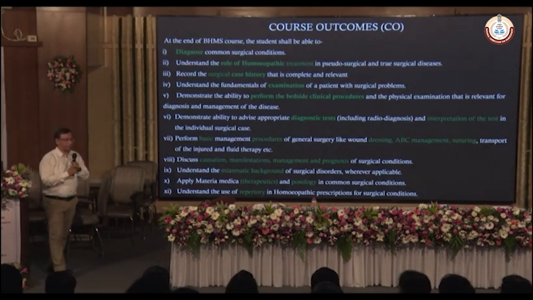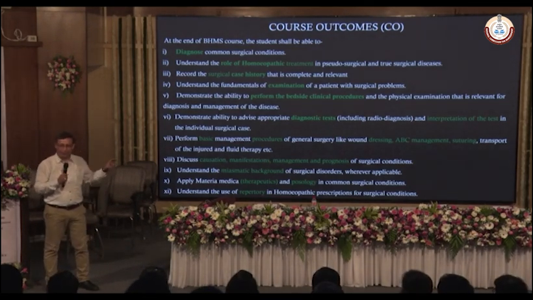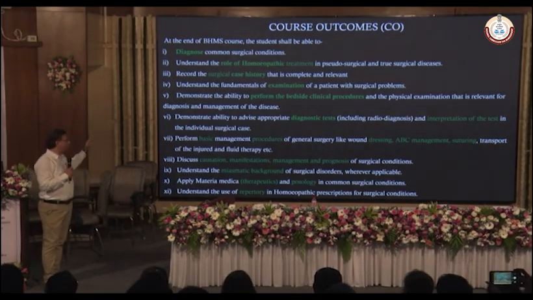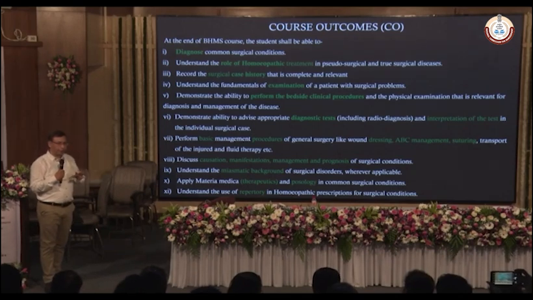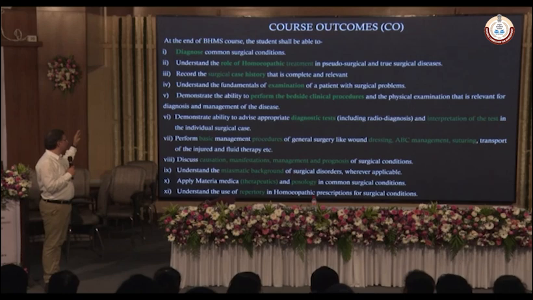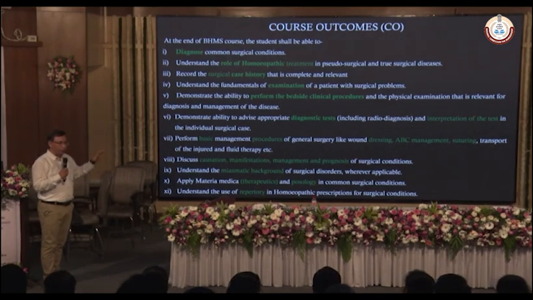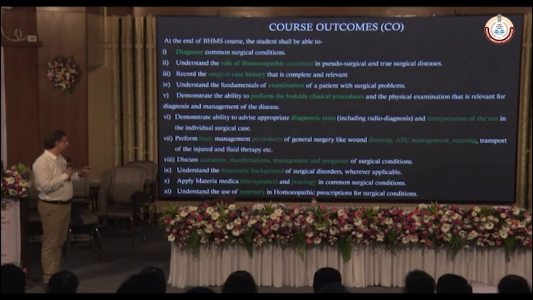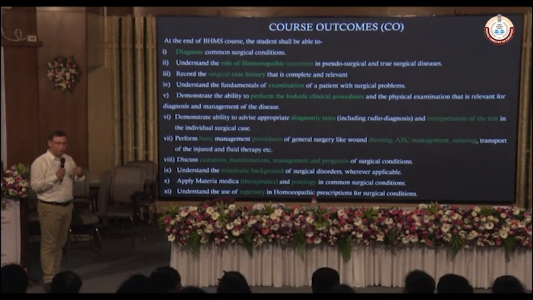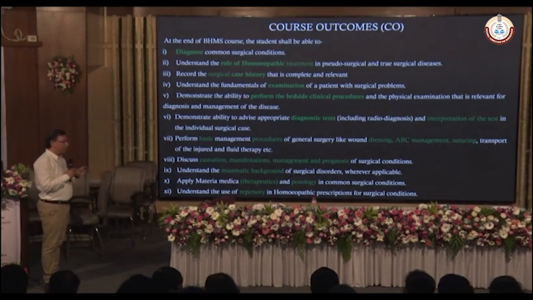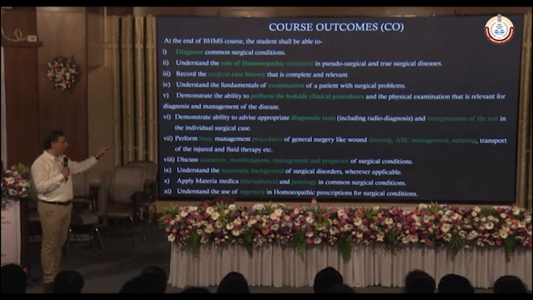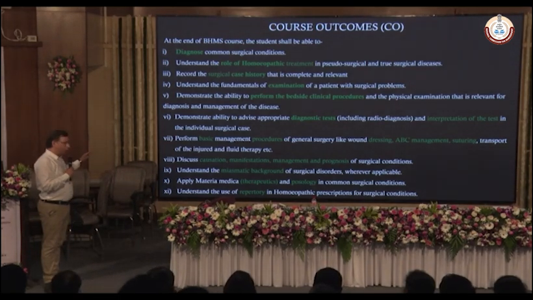The course outcome, I think this template is available and it is written in our template. So our basic course outcome is that a student should be able to take a proper history of a surgical case, diagnose a particular common clinical condition, understand the role of homeopathy, whether it is purely surgical or pseudo-surgical, advise various common diagnostic tests, know when to refer the patient, and perform basic common surgical skills like dressing of the wound, ABC management, fluid therapy.